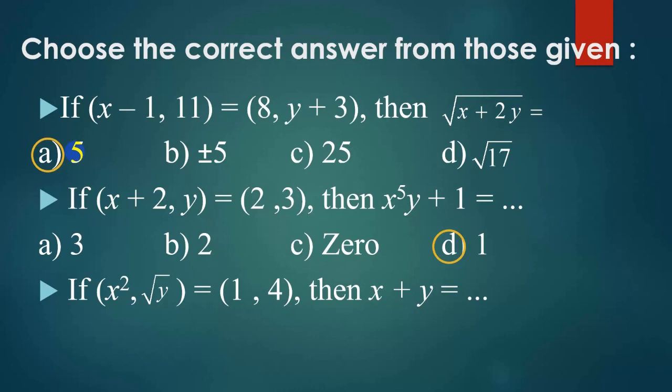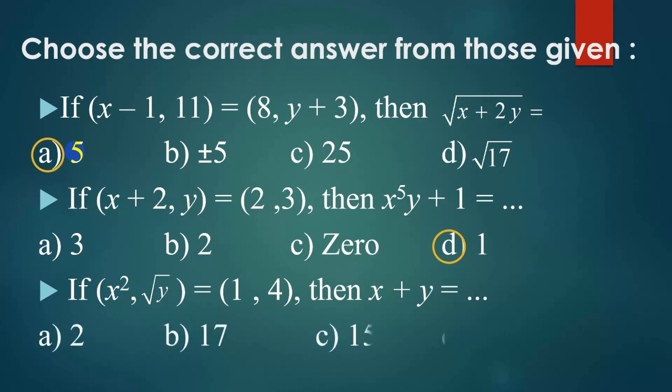So x has two values, positive 1 or negative 1. From the equality of the two ordered pairs, root y equals 4, that means that y equals 4 squared equals 16.